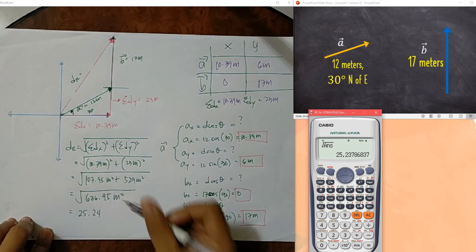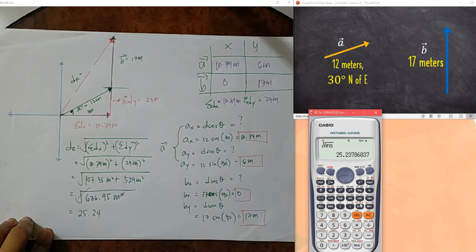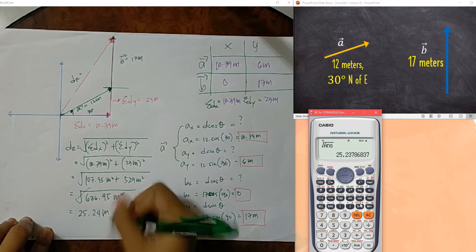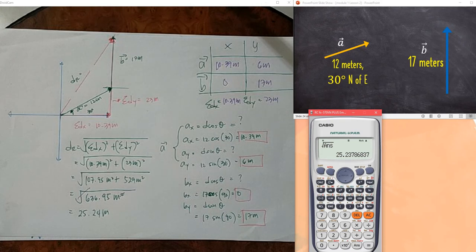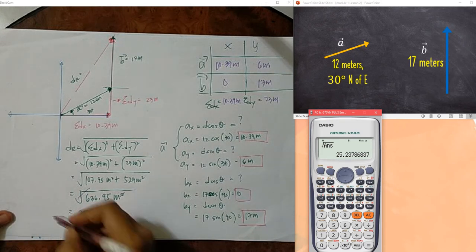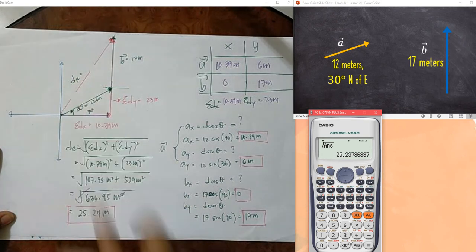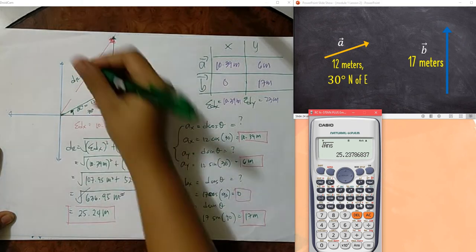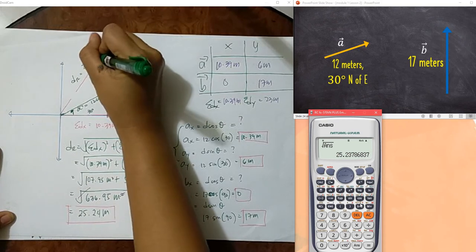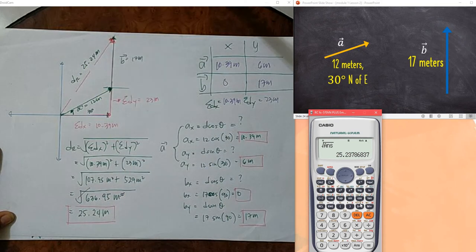And after that, let's cancel the square here and the square root. We have meters. So 25.24 meters is our resultant magnitude for our resultant vector.